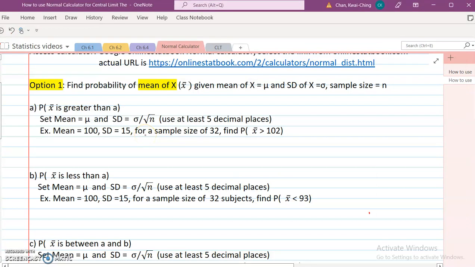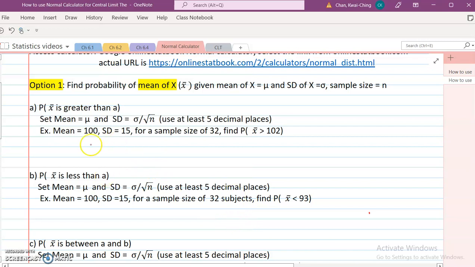So these 4 examples that I have from A to D are to find the probability of X bar. You can see that it is X bar, which is the sample mean of X, greater than, less than, in between, or outside two numbers.